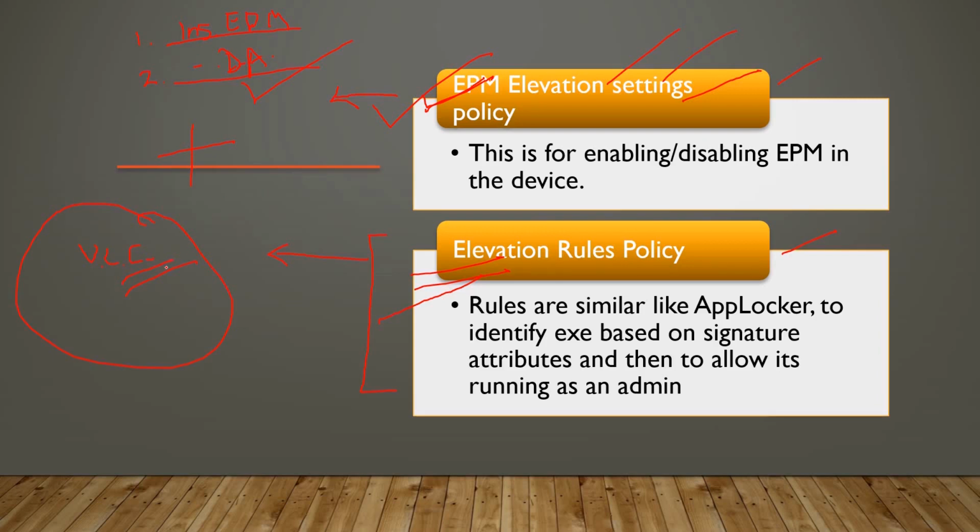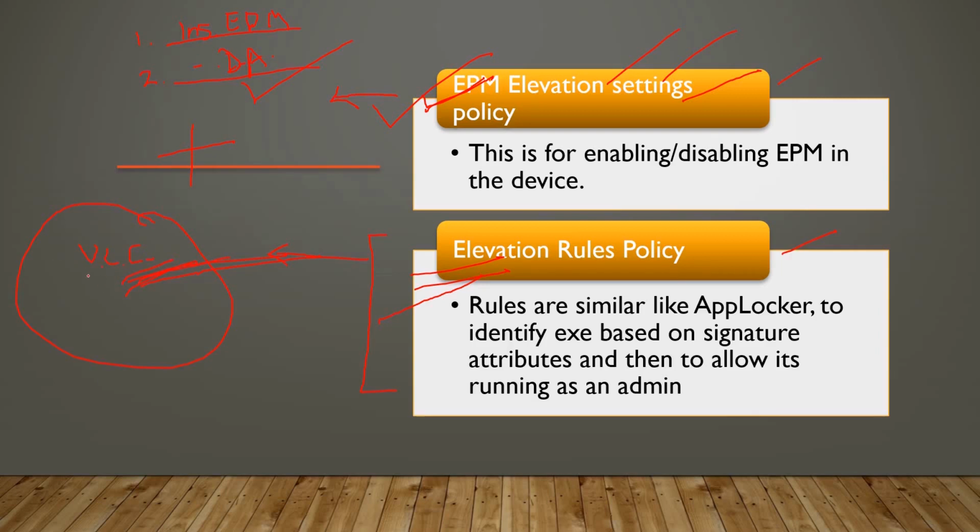However, whenever we try to launch VLC Media Player, then the story changes. Since we have whitelisted VLC Media Player, whenever the end user, who is a standard user, tries to launch VLC Media Player and run it, the session gets launched in admin context using an admin token, and the installation of VLC Media Player happens.